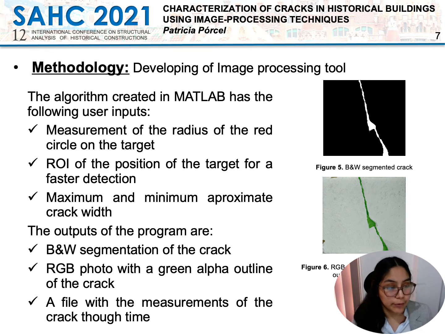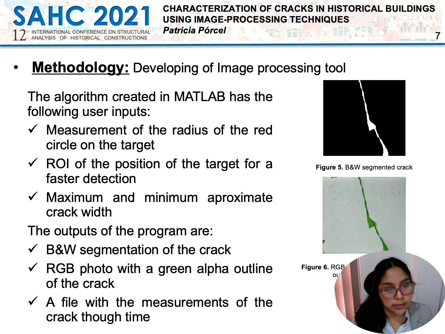So we have three user inputs at the start: the measurement of the radius of the red circle on the target in millimeters, an ROI of the position of the target for faster detection, and a maximum and minimum approximate crack width.